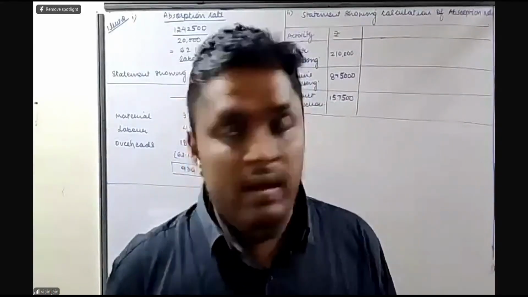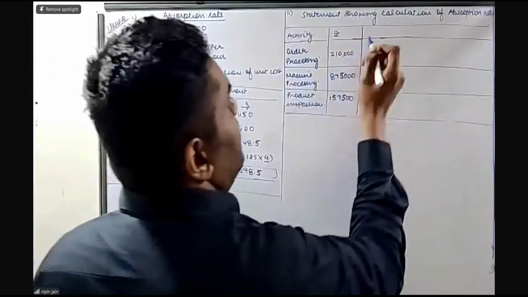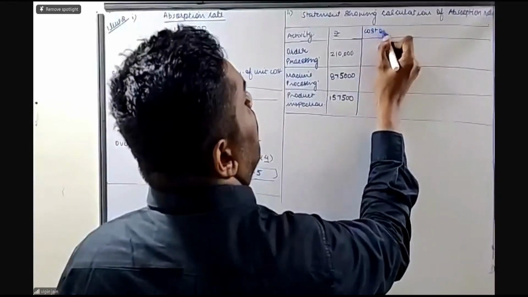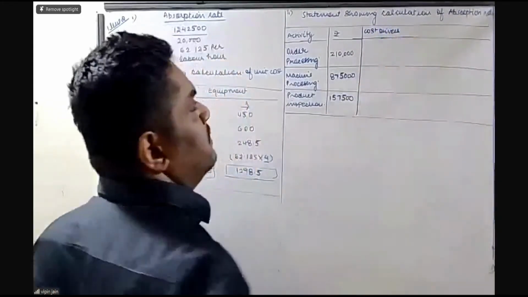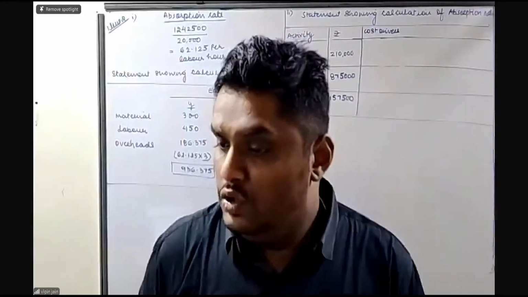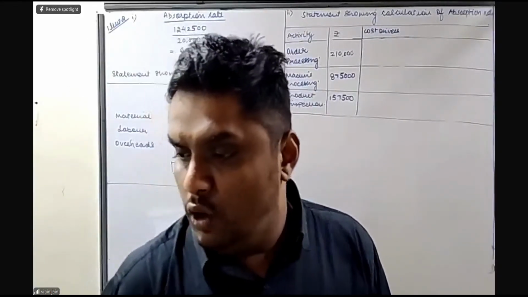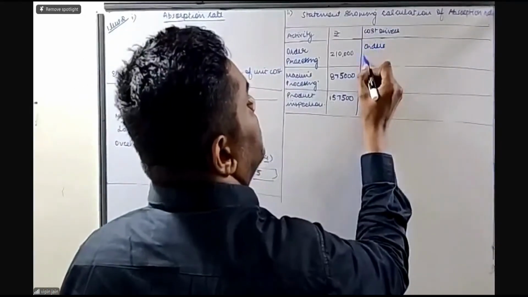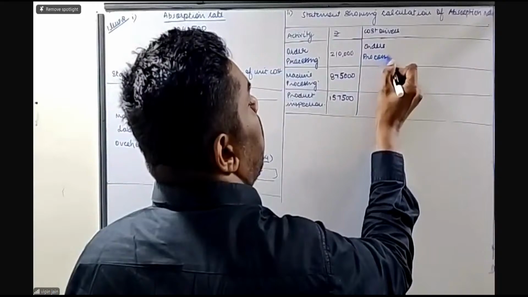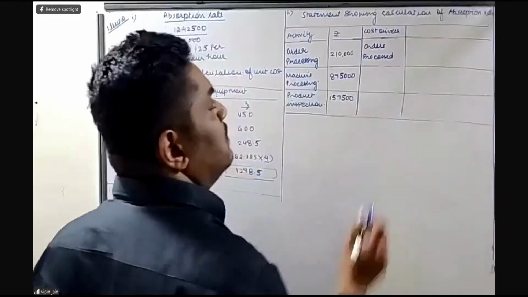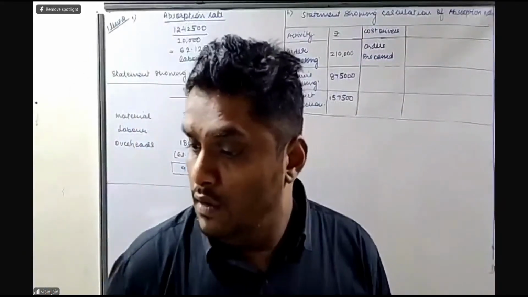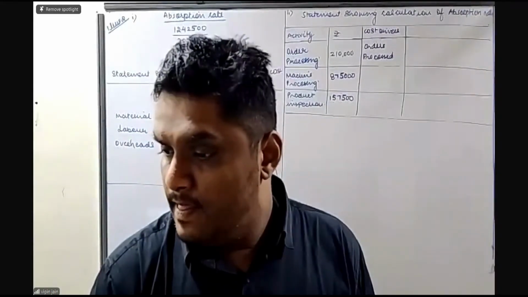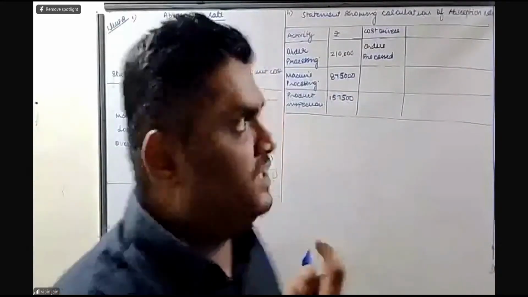Now further, the cost drivers are also given, that is on the basis of absorption. So for order processing, it is orders processed, machine hours worked, and inspection hours.